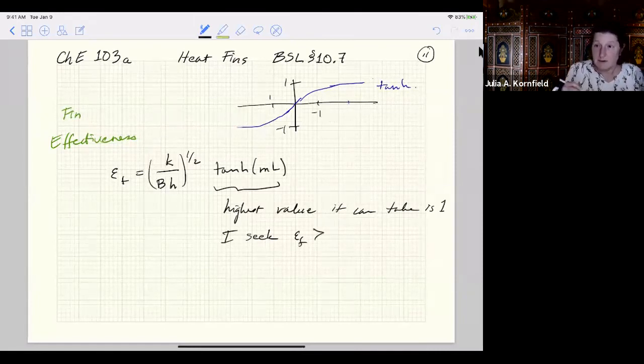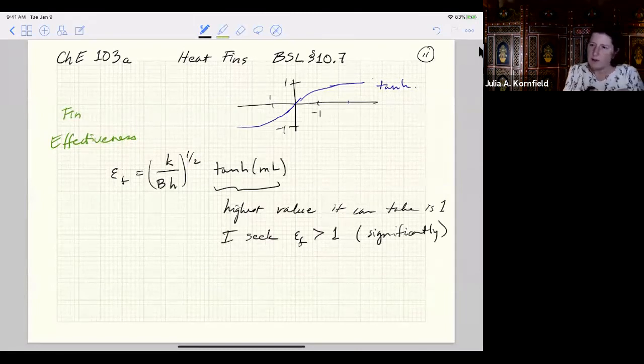So it's usually significantly bigger than 1. Okay, so the only way that I can get an effectiveness substantially bigger than 1 is to have this prefactor be substantially bigger than 1, right?